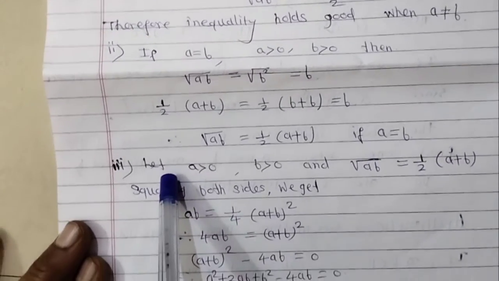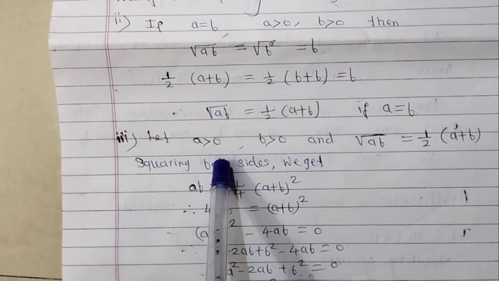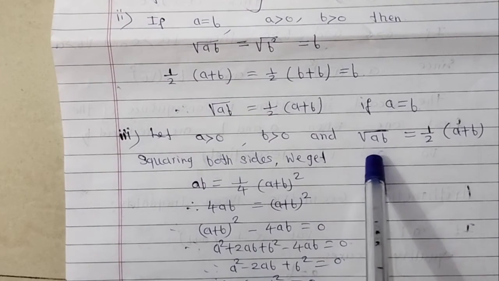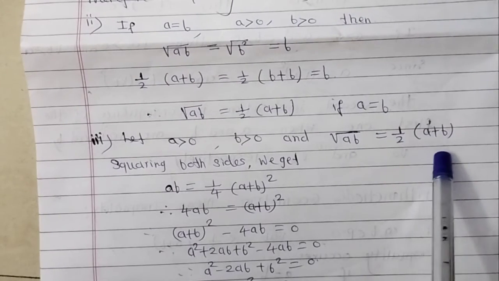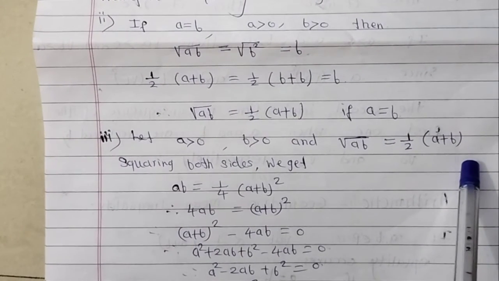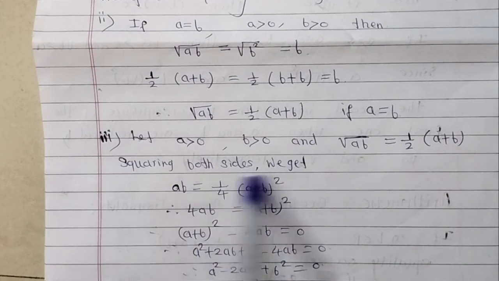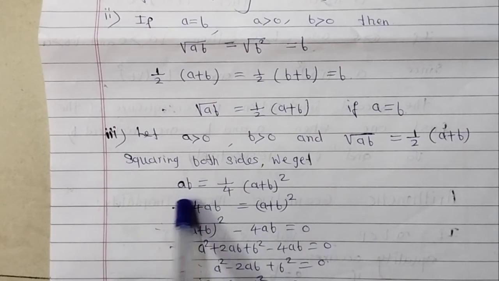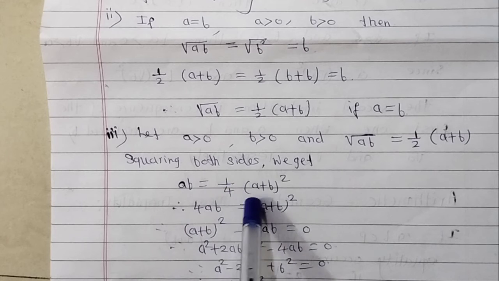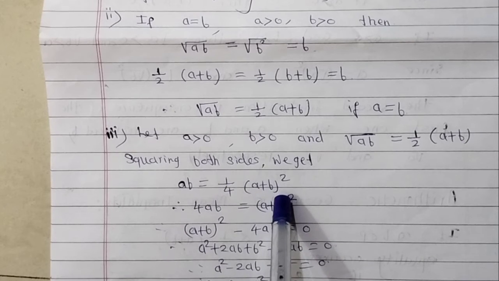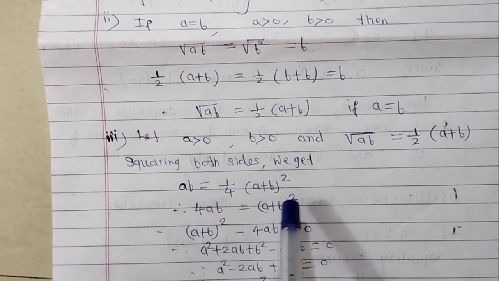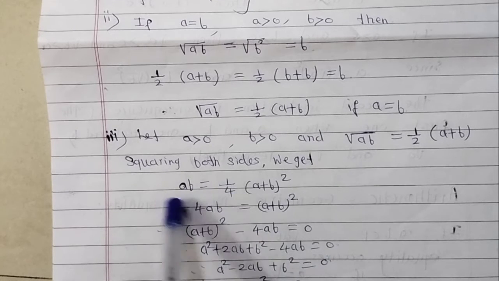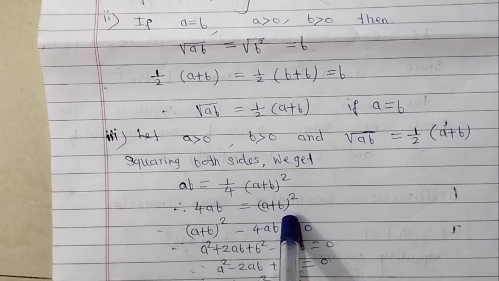Now consider the third part. If A is greater than 0 and B is greater than 0 and also square root of AB equals 1 half into bracket A plus B, squaring both sides we get AB equals 1 by 4 into bracket A plus B bracket complete square. Hence 4AB equals A plus B bracket square.